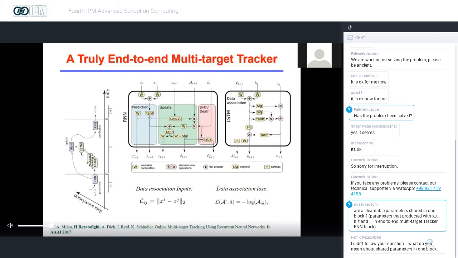It's very nicely formulated, but there are some cons and pros about the technique, which don't make it quite practical yet for larger scale multi-object tracking.